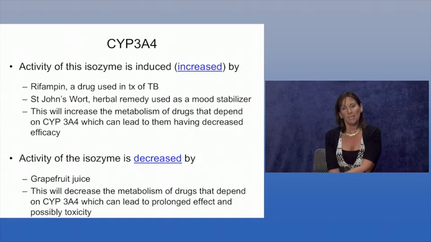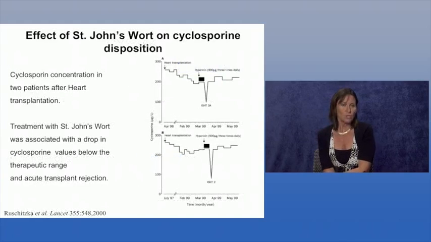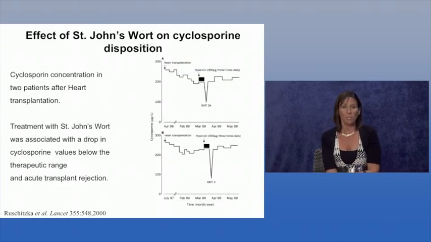The increase in the metabolism of drugs that depends on this isozyme, CYP3A4, can lead to those drugs having decreased efficacy, and I'm going to give you an example of that. This particular publication, believe it or not, is now 12 years old. It was published in The Lancet, which is, as you all know, a premier medical journal, and it is essentially a case report or case series.